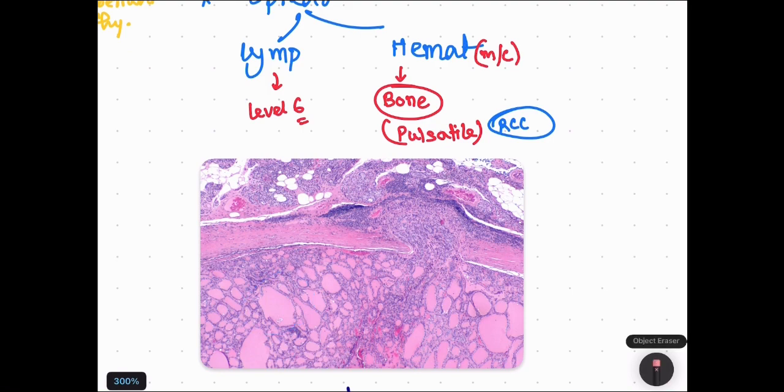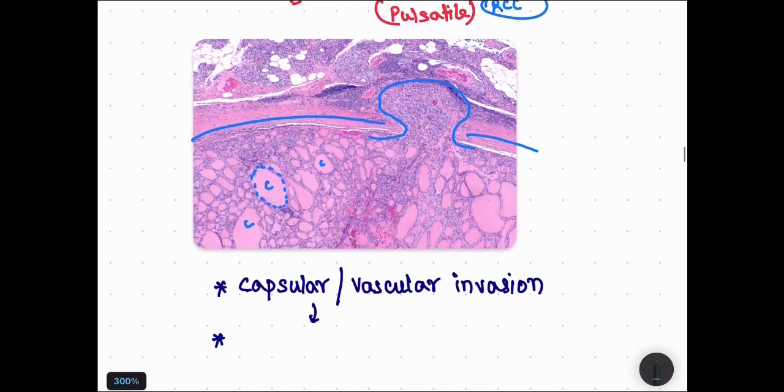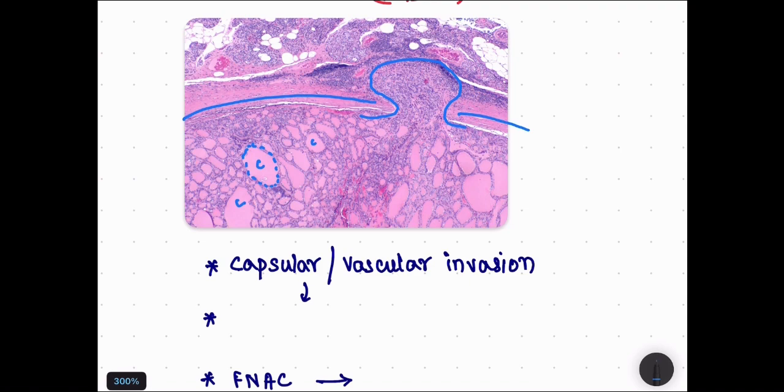You can see these follicles are lined by follicular cells, and inside you have colloid. This is the capsule of the thyroid gland, and this capsule is breached, and there is mushrooming of these follicular cells after breaching the capsule. So this is the very important feature of capsular invasion or vascular invasion.